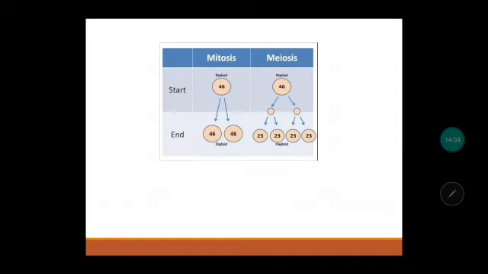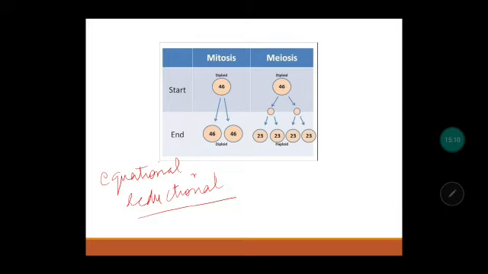So let us look at what I was talking about, equational and reductional. These two terms were there. You remember chromosomes? We discussed them in the nucleus. Chromosomes, again I will tell you, are structures that contain our genetic material, that is DNA.